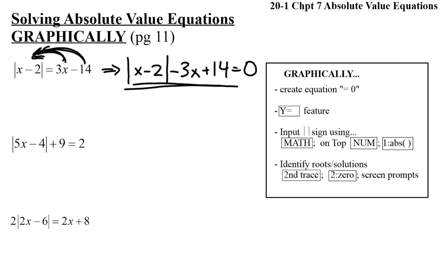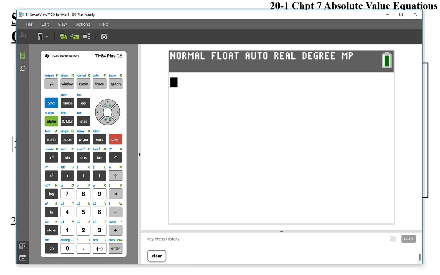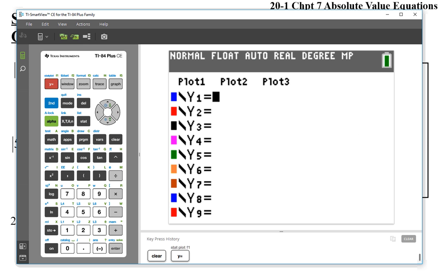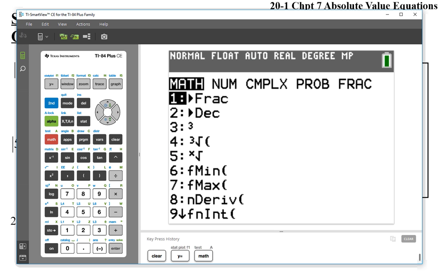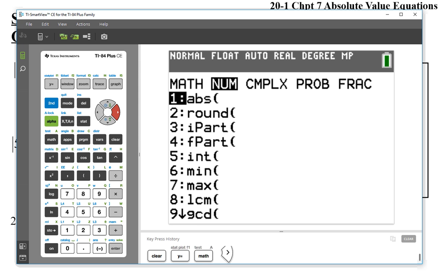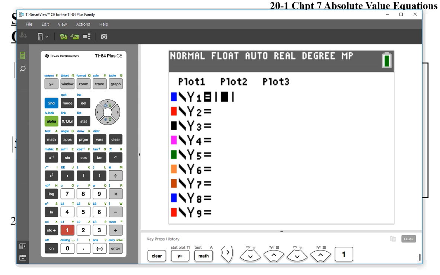So here we go on our calculators. Y equals, what are we inputting? All right, we're going to math. And along the top, math, number, complex, problem, we're going to scroll over so num is highlighted. And we choose number 1, whether you go down to it with the scroll or you hit number 1 on the keypad.